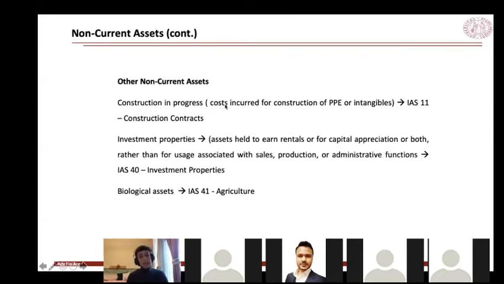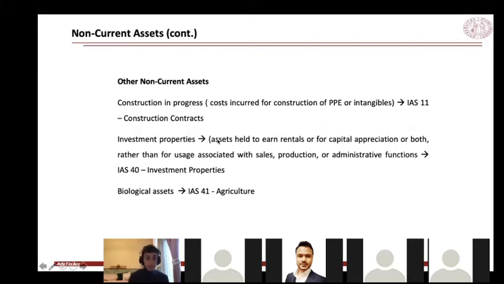Other non-current assets can be construction in progress, which is the sum of the costs incurred for construction of the PP&E or intangibles. And you see here, you find the accounting standards that deal with the specificities of these other non-current assets.